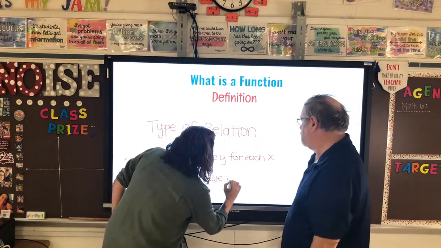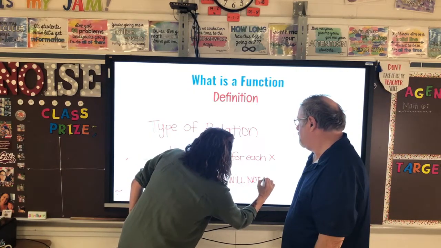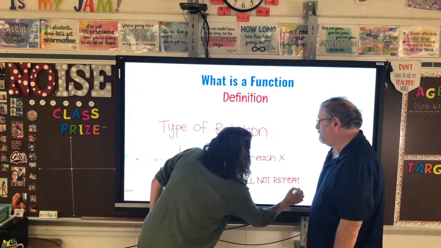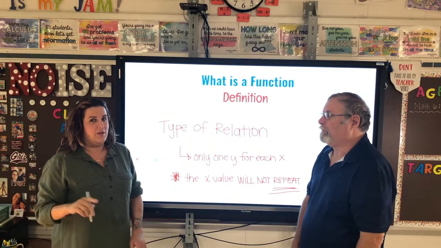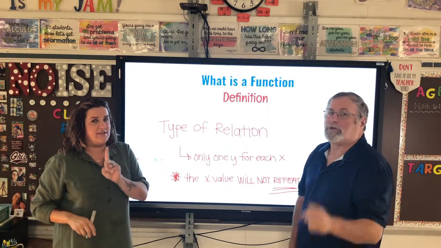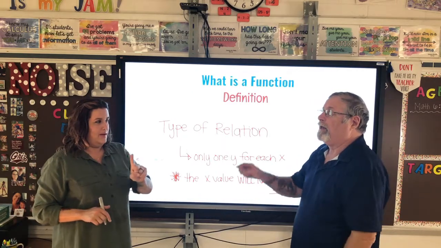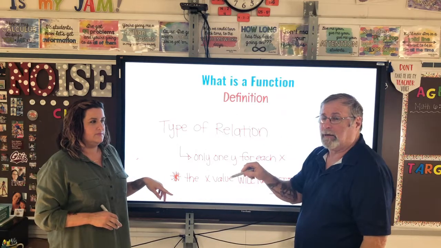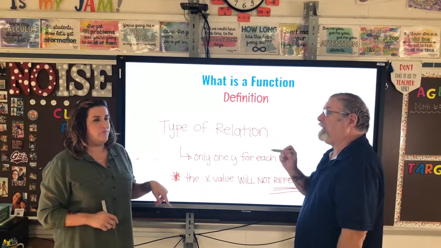So the X value will not repeat. If you're looking at a set of ordered pairs, you will only have one of those X's. So X can only occur one time. You can't have 1, 2, 3, 1, 2, 3. You could have 1, 2, 3, 4, 5, 6, but you can't repeat that X value.